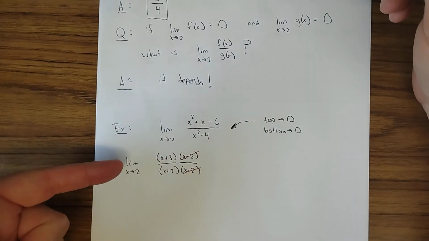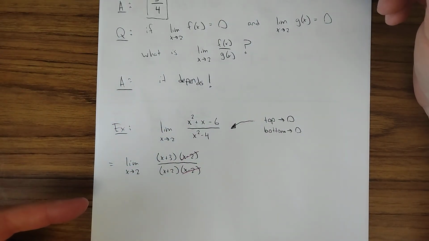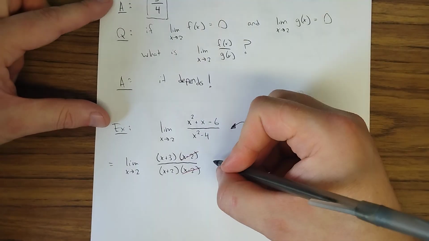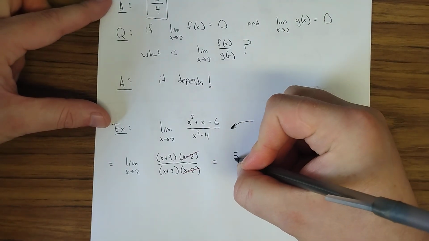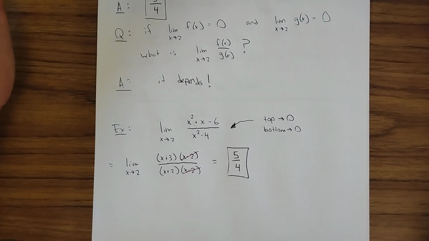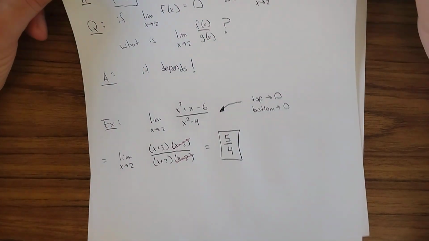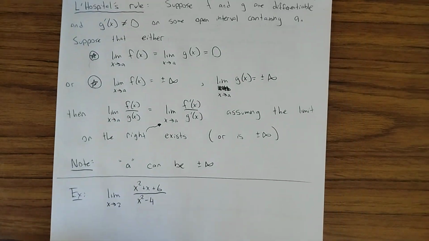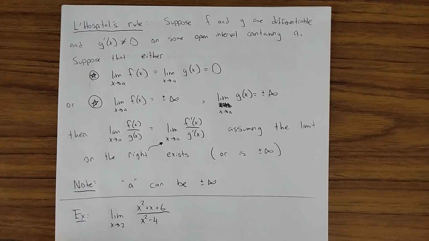After canceling this, the top goes to 5 and the bottom goes to 4. And for that, we have no problem. I just get 5/4. So they're not all so easy.